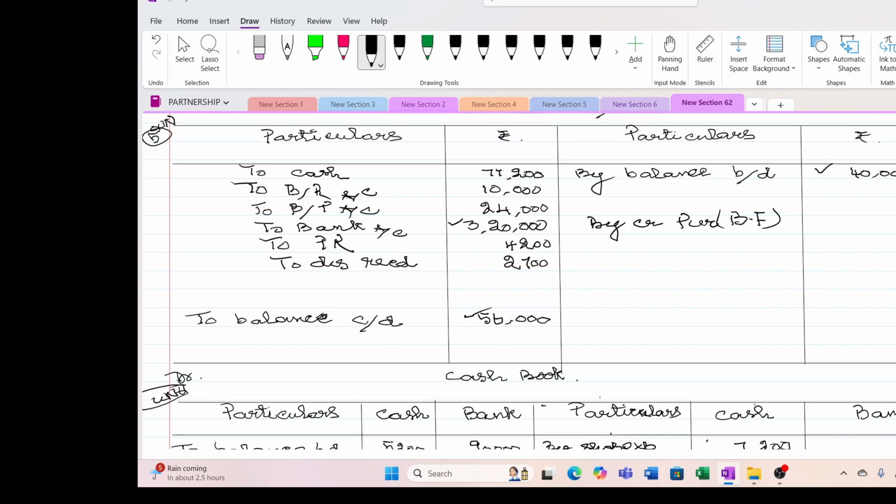Let us total this. 77,200 plus 34,000 plus 3,20,000 plus 4,200 plus 2,700 plus 56,000. The total comes to 494,100.